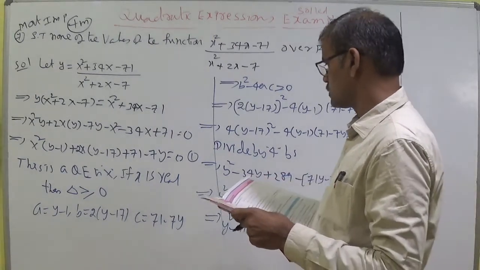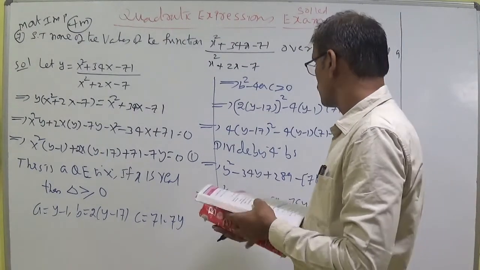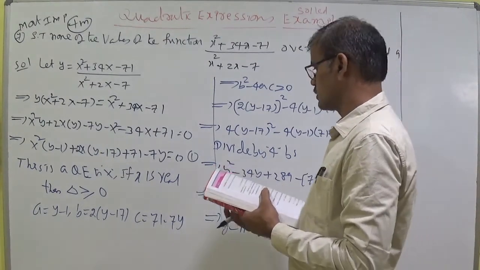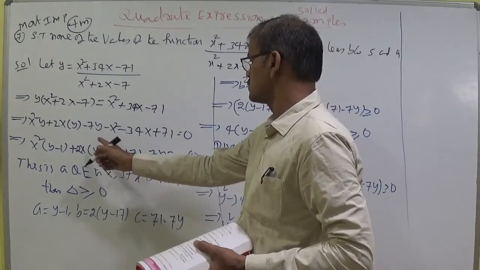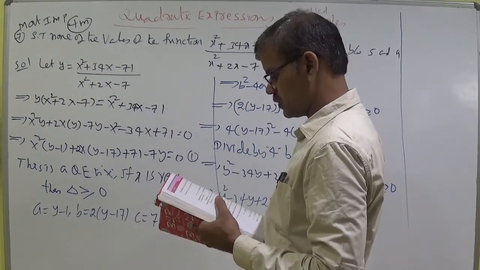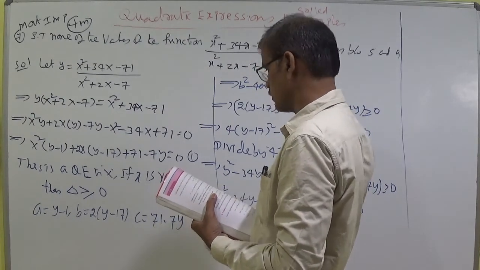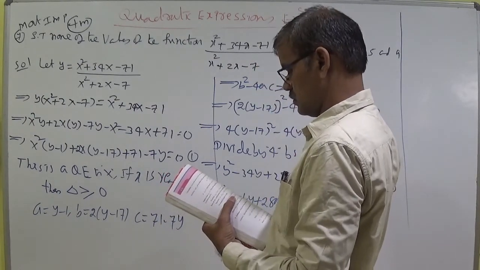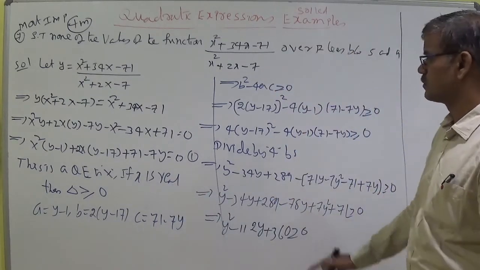Minus 7y plus 71 is also okay. b square minus 4ac greater than 0, exactly right. 2 taken common, this is 2y minus 34. According to the option, this is exactly right, 2 taken common, and 4 into y minus 1 into 7y. It's okay, we did not do anything wrong.